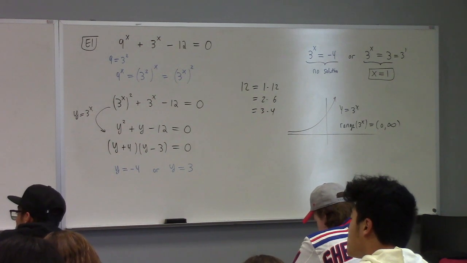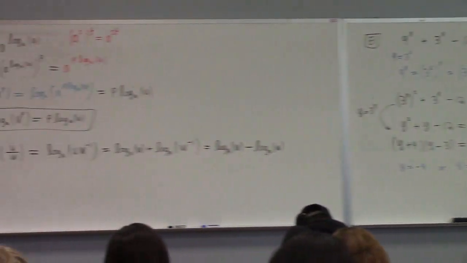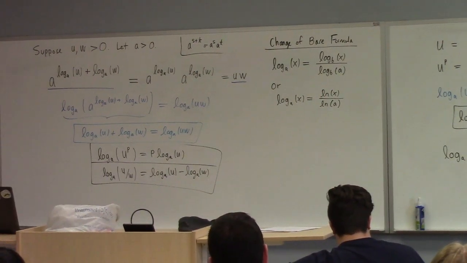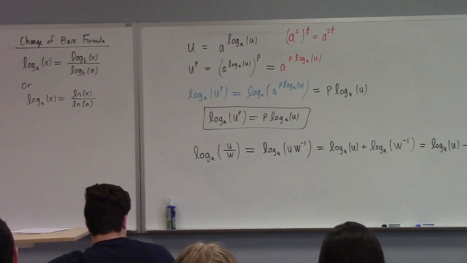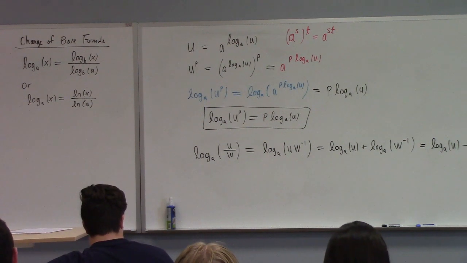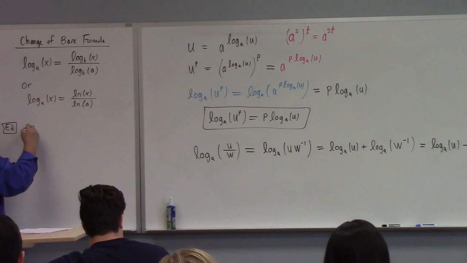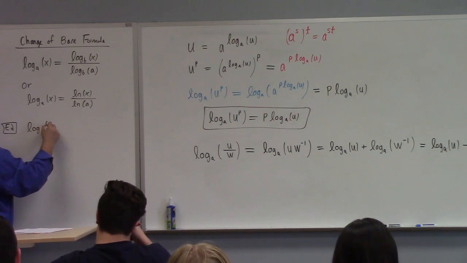We can use the natural log to change the base if you like. So let's try this out. Let's see if we can use the change of base formula to calculate a particular value. Example 2: let's calculate the log base 3 of, let's say, 7.